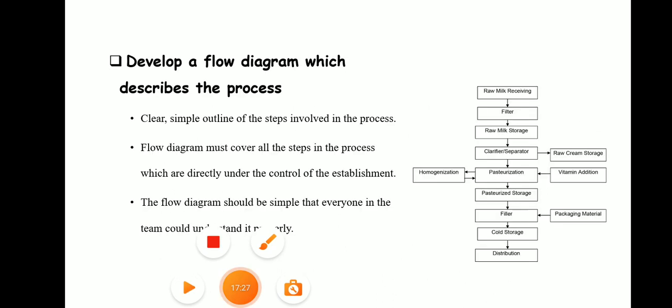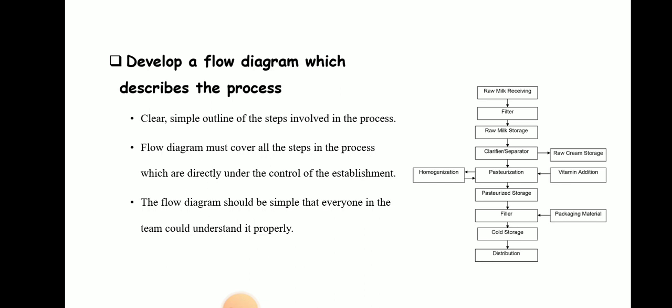Now, the next step is developing a flow diagram which describes the process. A flow diagram is nothing but a simple outline of the steps involved in the entire process of product manufacturing or any sort of food processing. The flow diagram must cover all the steps in the process which are directly under the control of the establishment.